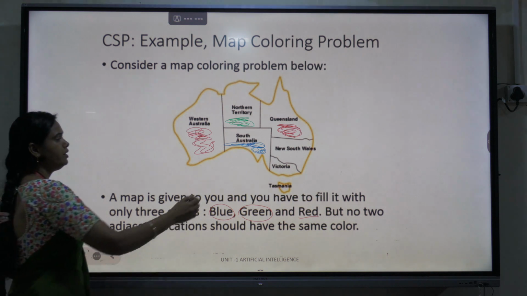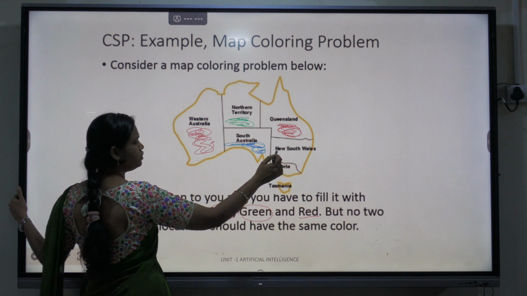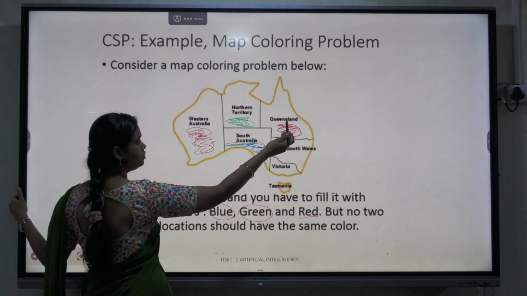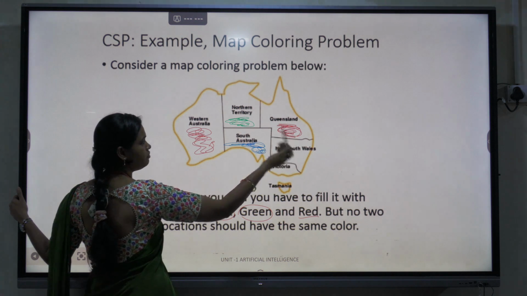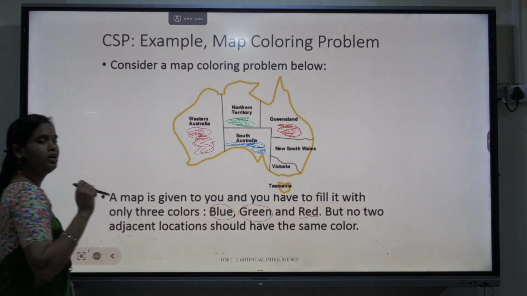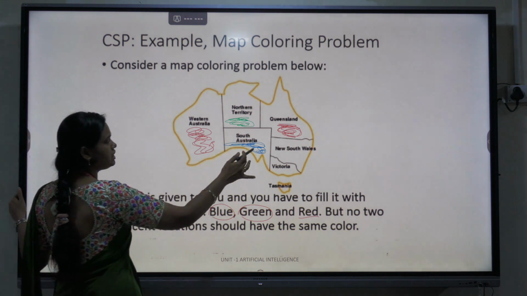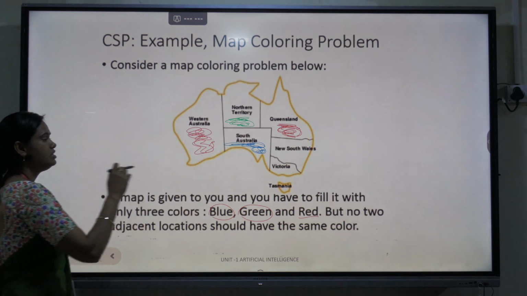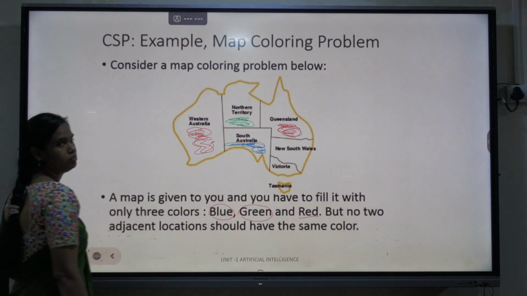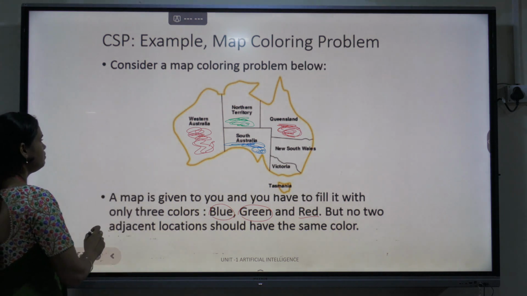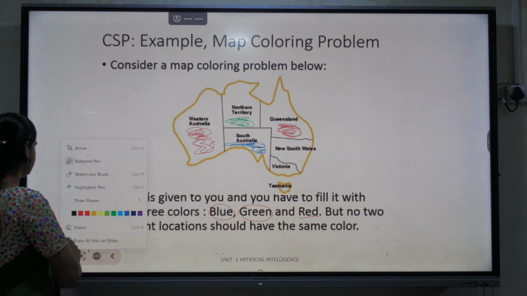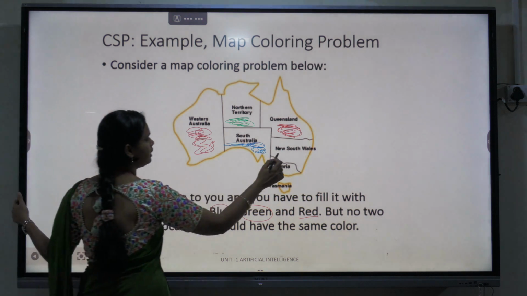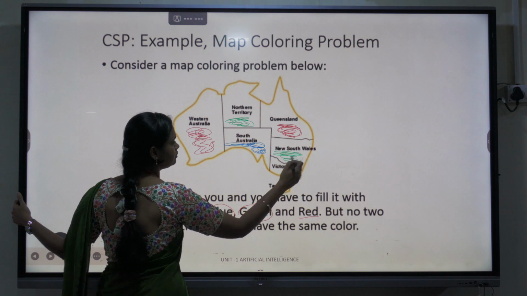Now coming to New South Wales. New South Wales is adjacent to Queensland and South Australia. Red is already given to Queensland, so I cannot use it for New South Wales, and blue is already given to South Australia, which I also cannot use. So the only option for New South Wales is the green color.